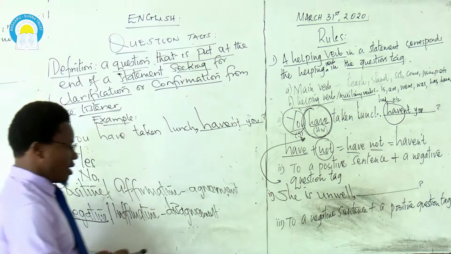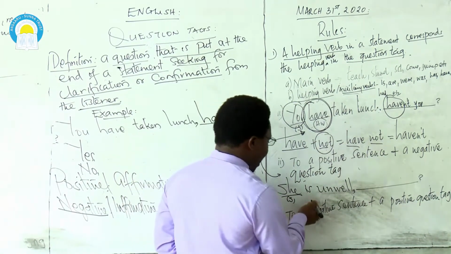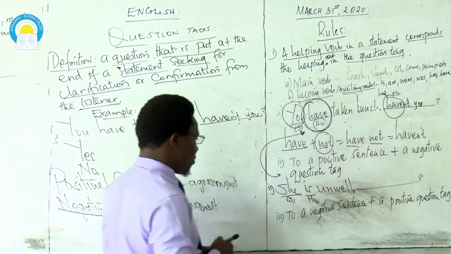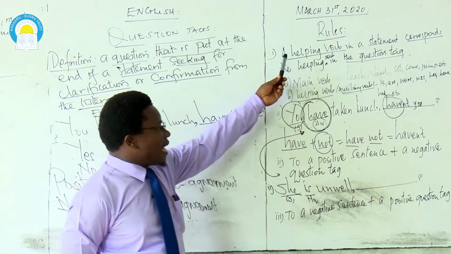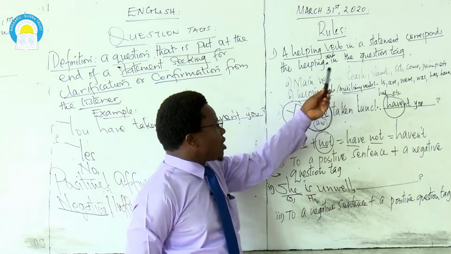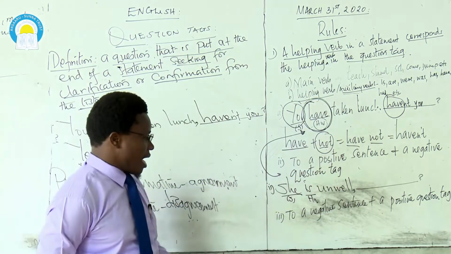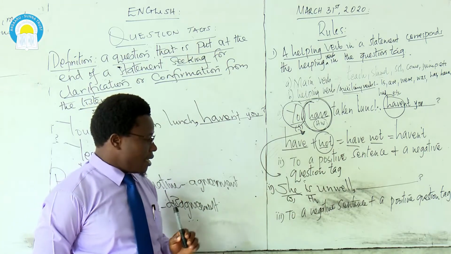Two things. Identify she as the subject. Identify is as our helping verb. With reference to rule number 1, that a helping verb in a statement corresponds to the helping verb in the question tag, our helping verb here is is.